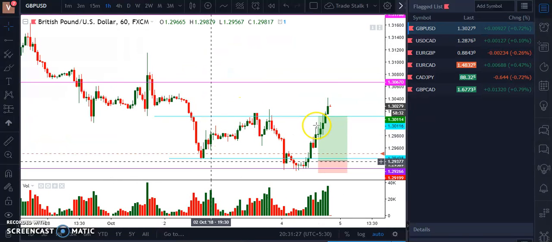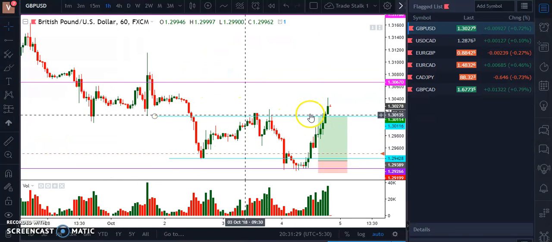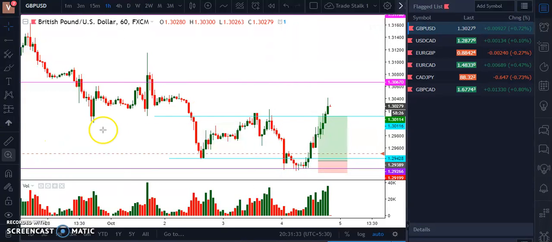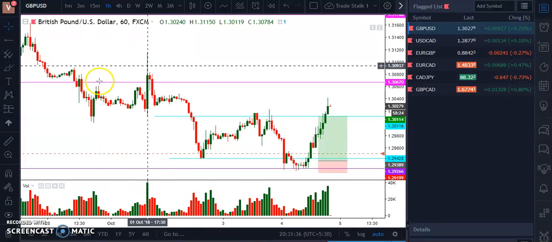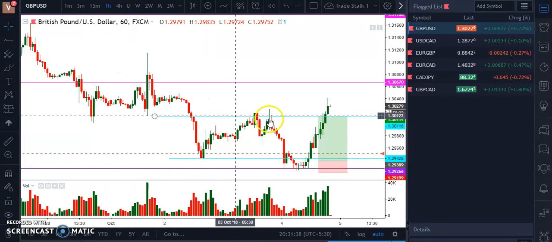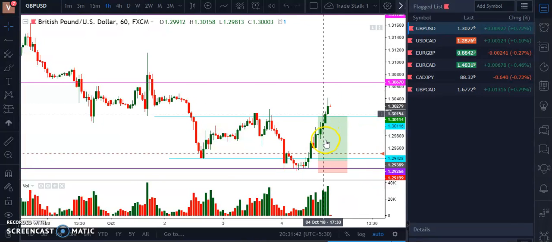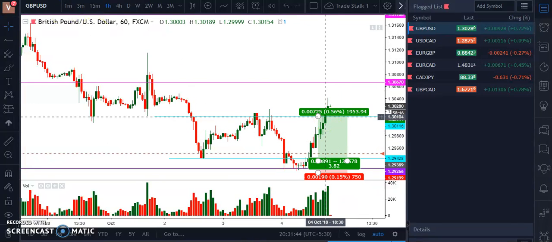I wanted to take the buy up to the top of this 1 hourly congestion area, because I was seeing some sort of build up of sellers over here, and I did not want to really aim for much higher, although I might have, depending on momentum.